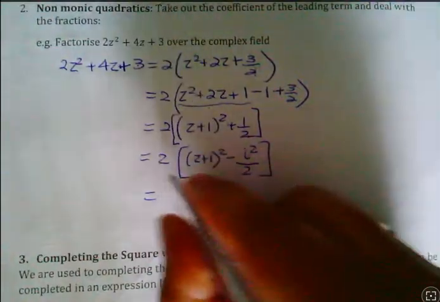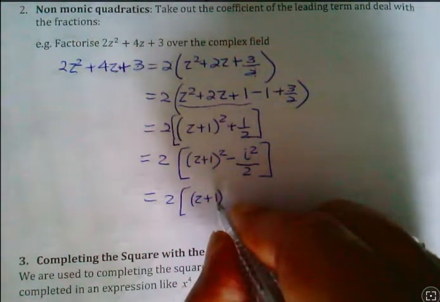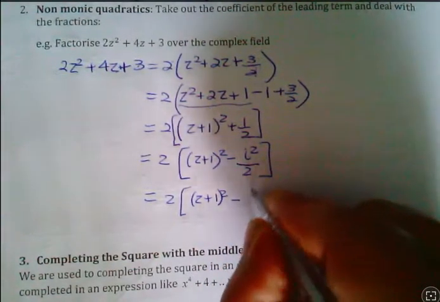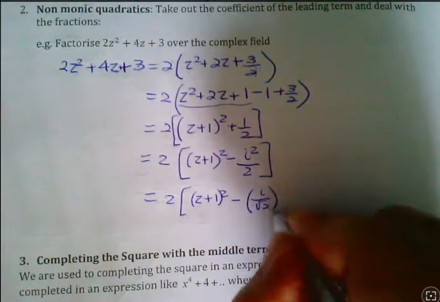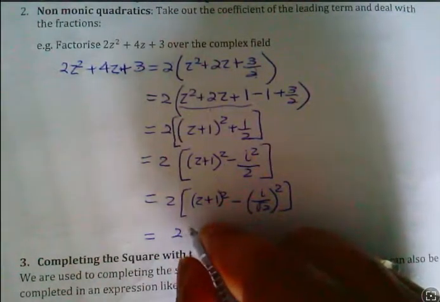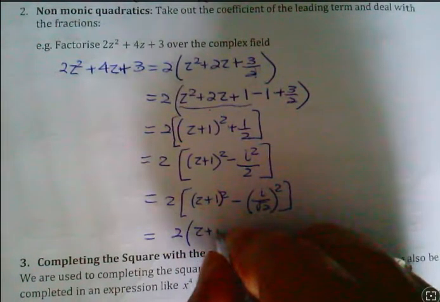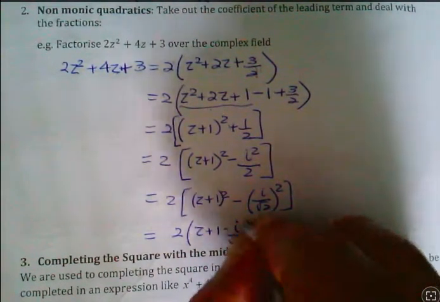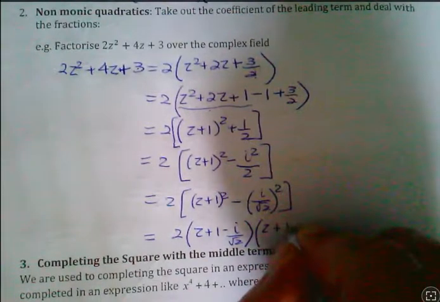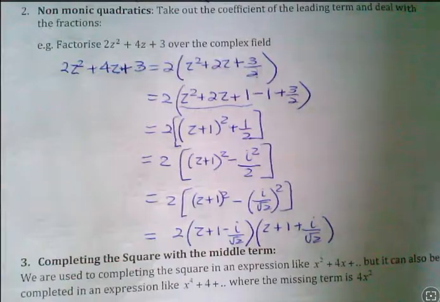So now I can factorise this. I've got 2 bracket z plus 1 squared minus, I can write this as i over root 2 squared, so now it's in the form of a squared minus b squared, so it'll be 2 bracket z plus 1 minus i over root 2 bracket z plus 1 plus i over root 2 close bracket.